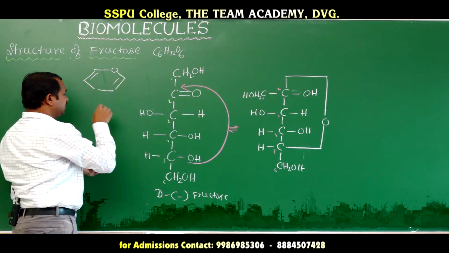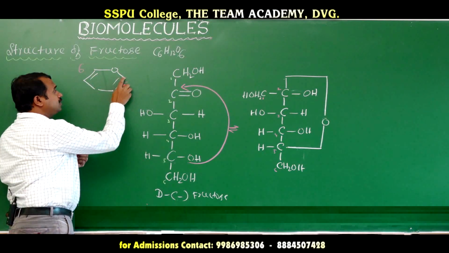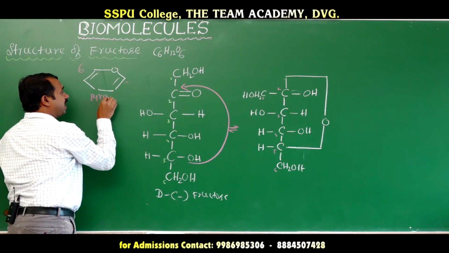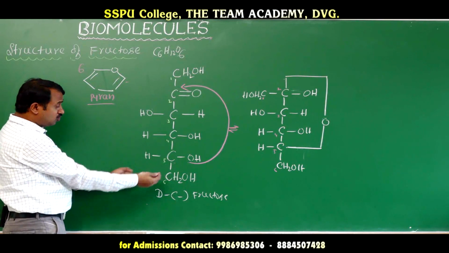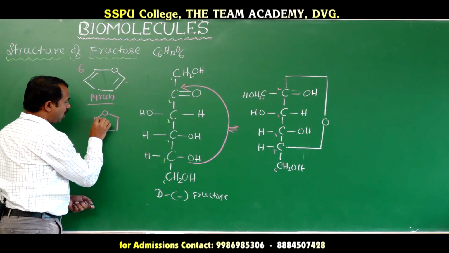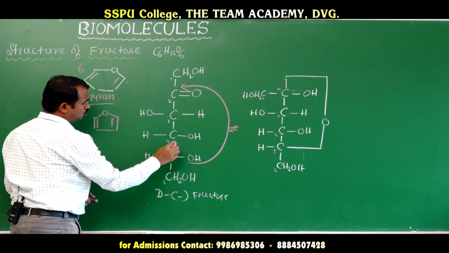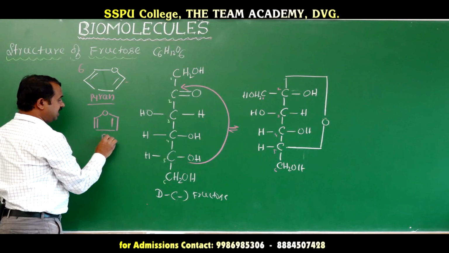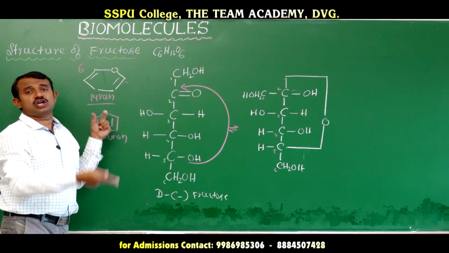Fructose has a furan ring, with 4 carbons and oxygen, so the name is furanose.